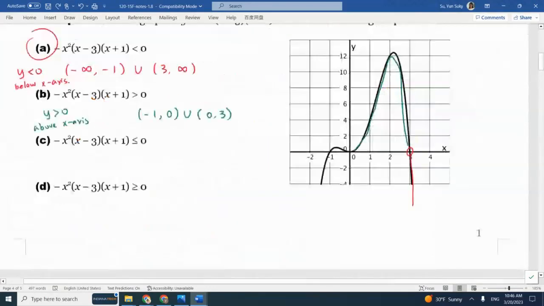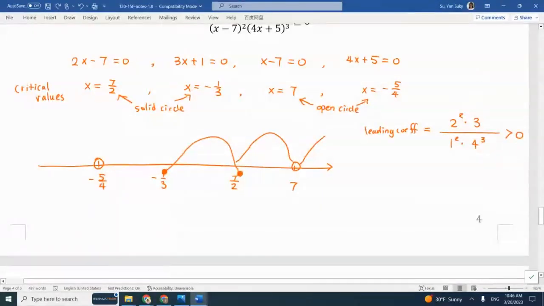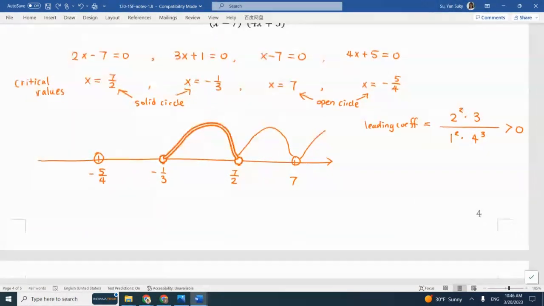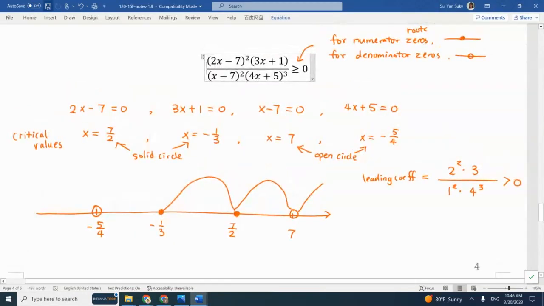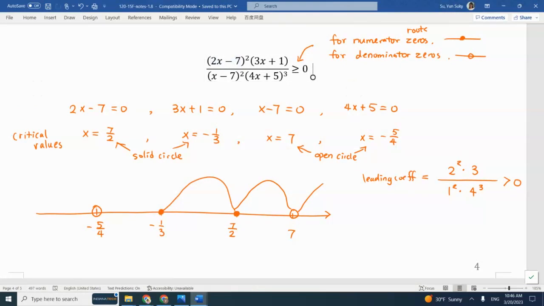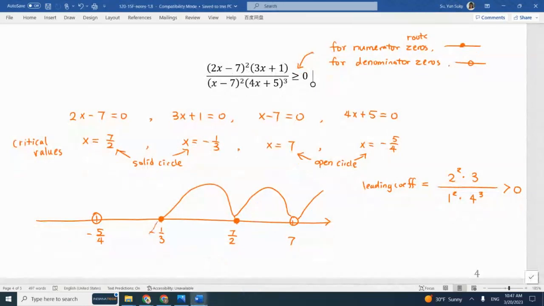Something is wrong, it does not allow me to draw on it.